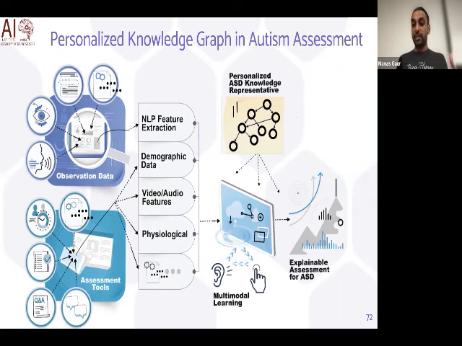And once we have this trained system, we want to use its parametric knowledge, its learned knowledge, in a personalized interactive conversational system where the agent is interacting with the child and giving a score, and that score is given to the care provider to define a proper intervention plan. So that's the whole idea of this personalized knowledge graph structure for autism assessments.